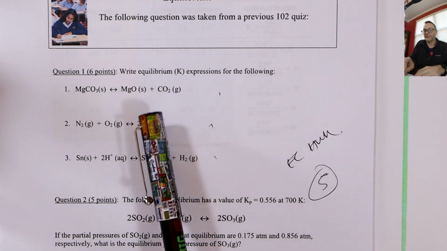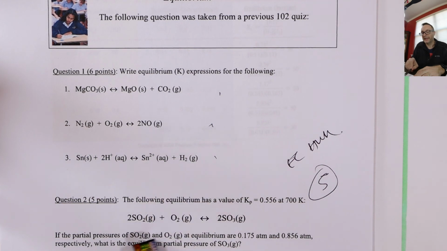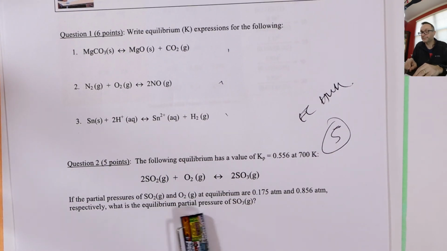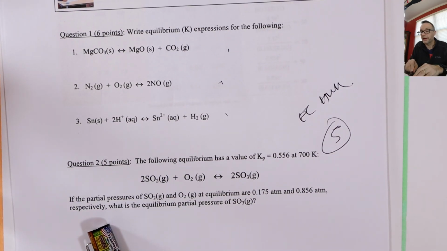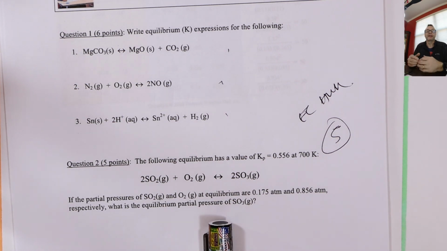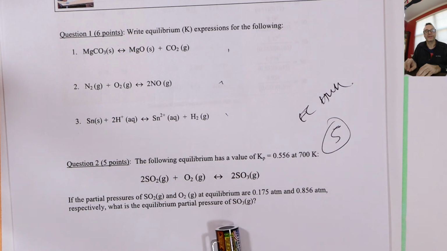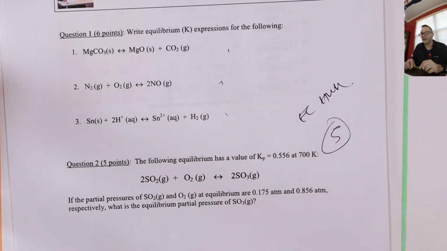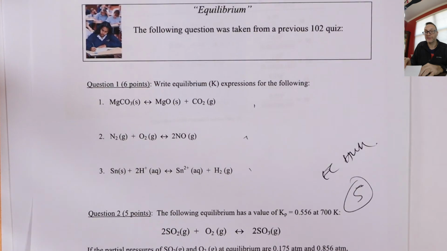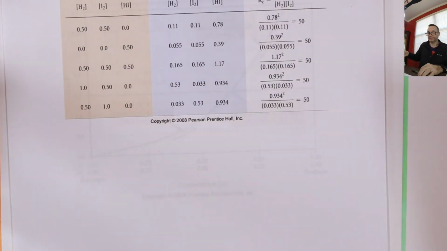Write equilibrium expressions for these 3, and then work out the partial pressure of SO3 algebraically. So you have a KP here, you do algebra to find a pressure, and then just equilibrium expressions. I'll take a look at that, and get that to me by Wednesday. All right, stop there.